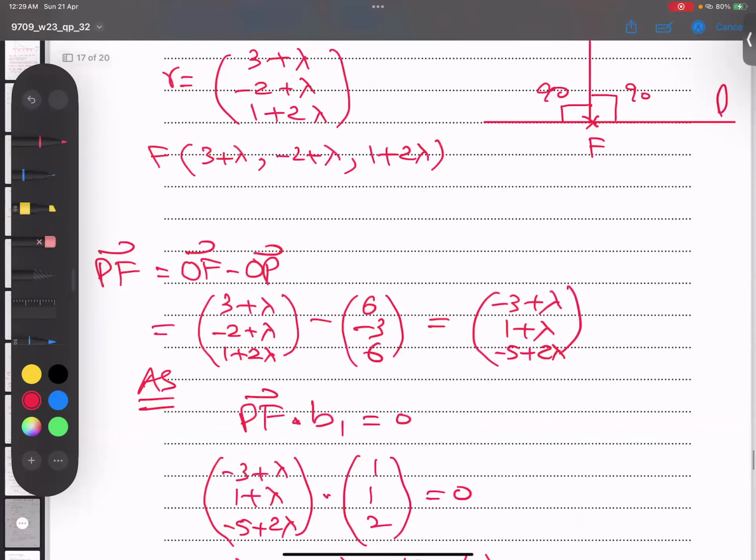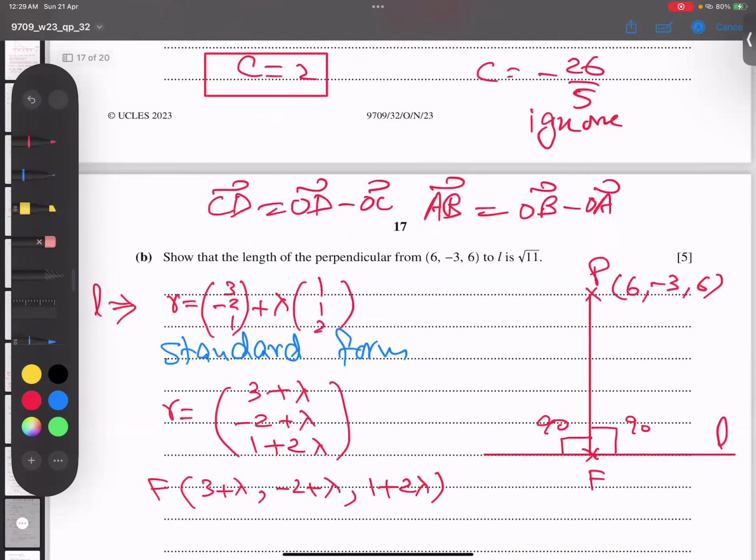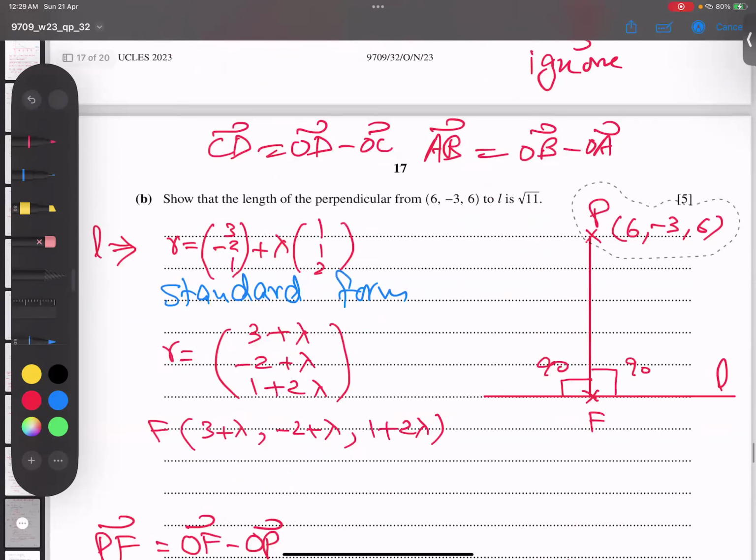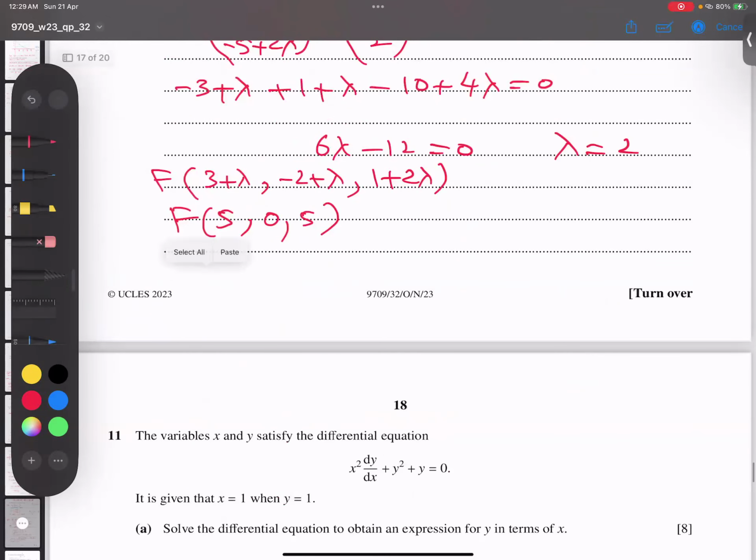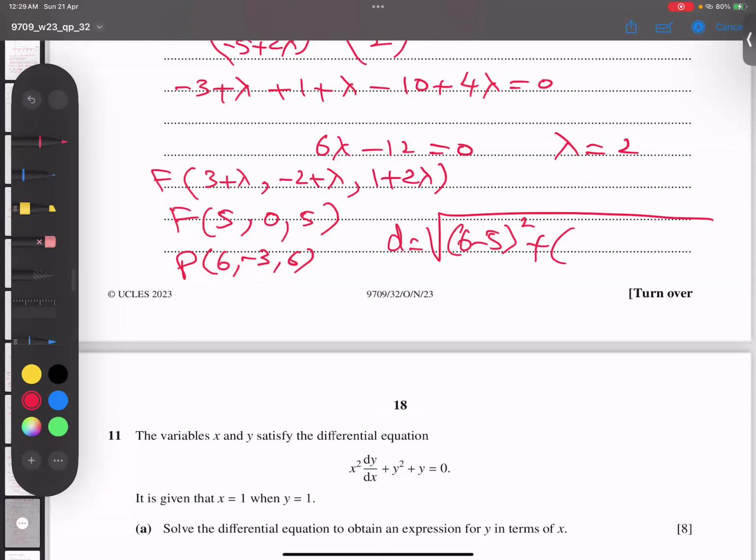Now applying the distance formula. Make sure, students, P is this. And applying the distance formula, nothing hard. You know it very well, the length, the distance: x2 minus x1 whole squared, I get 6 minus 5 whole squared. This minus that, negative 3 minus 0.